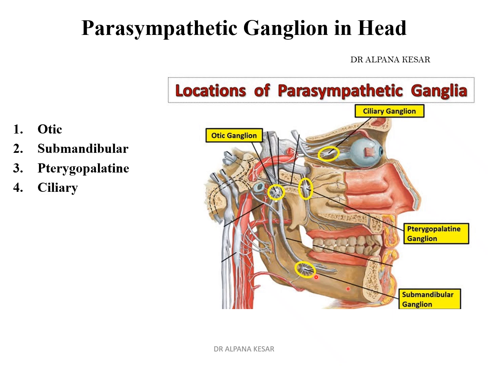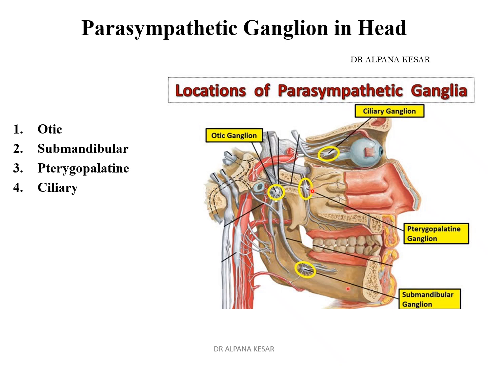Submandibular ganglion is present in the oral cavity in association with lingual nerve, branch of mandibular nerve. And pterygopalatine ganglion is present in the pterygopalatine fossa in association with maxillary nerve.